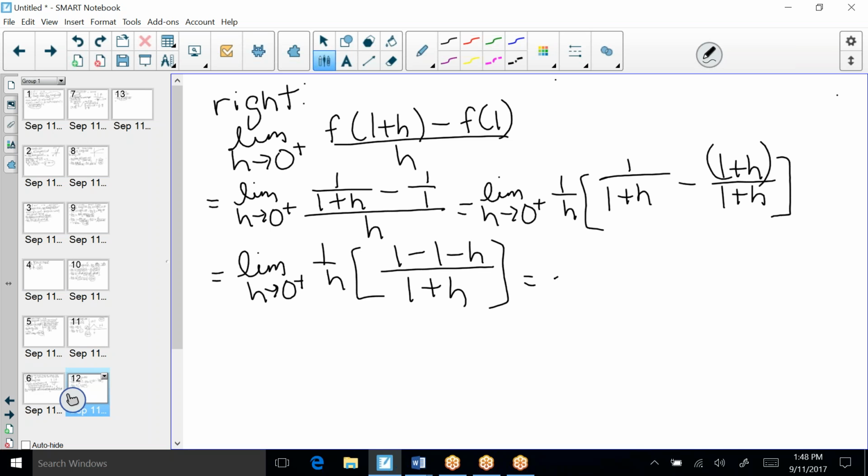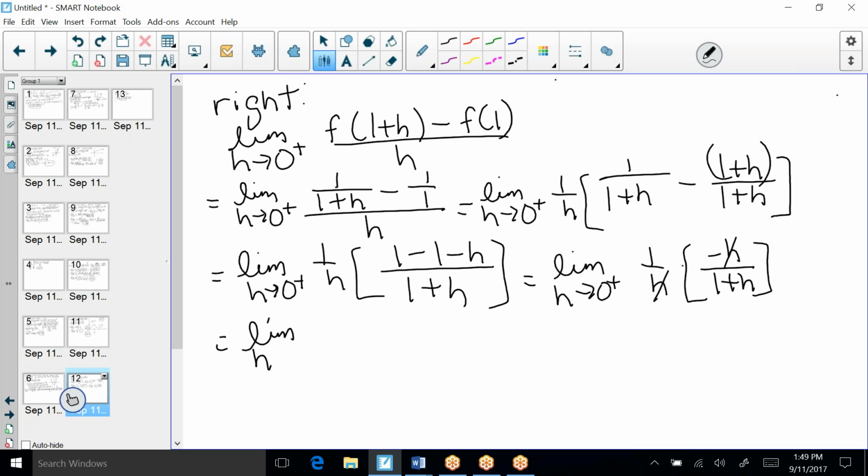Then 1 minus 1 is 0, and we just have minus h divided by 1 plus h. The h's cancel, and we're left with minus 1 over 1 plus h.